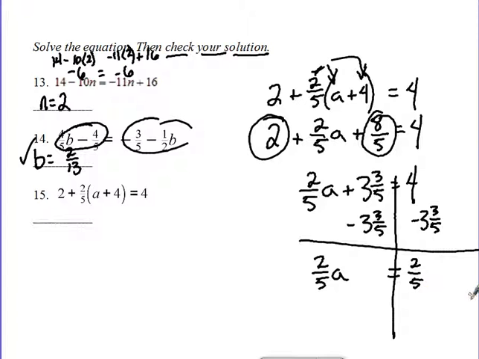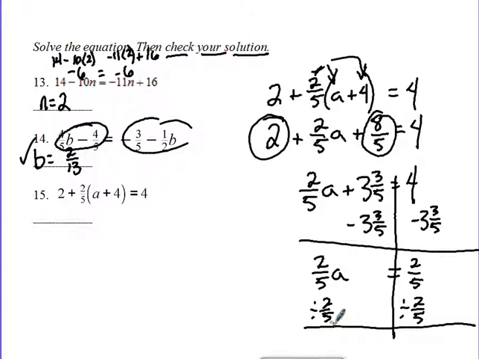Well, this just became very easy, because the only number I can multiply with something and get the same number is the number 1. But to solve it out, just in the practice that everyone has seen before, we're going to divide both sides by 2/5, because that's the opposite of a times 2/5.